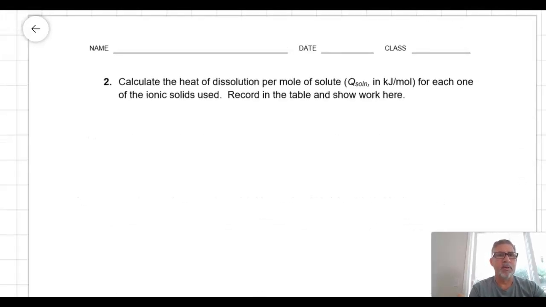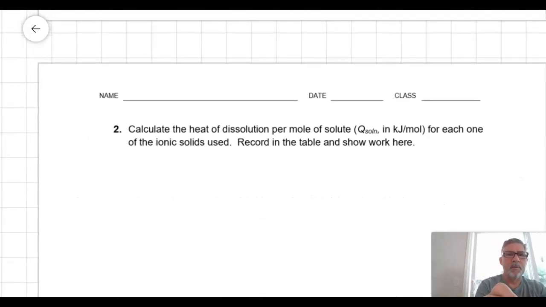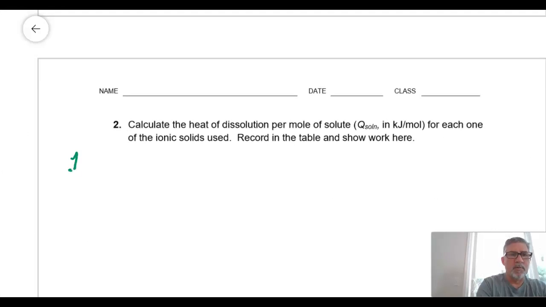I realize I'm missing question number 1, so I'll do question number 1 first. I want to ask you for the Q of the reaction. I'm going to keep Q is equal to MCT.